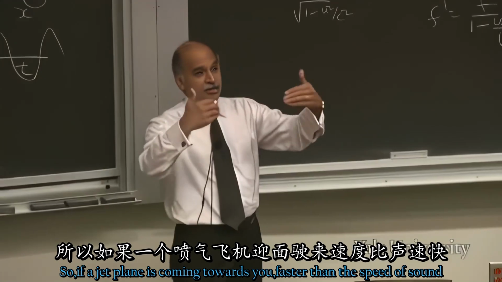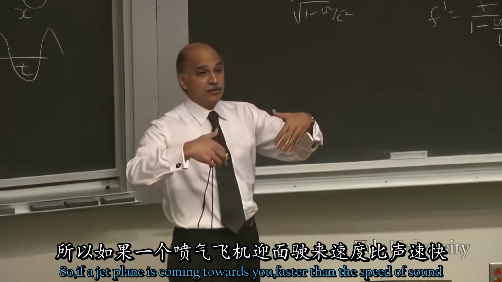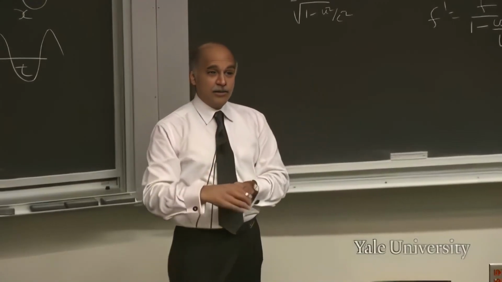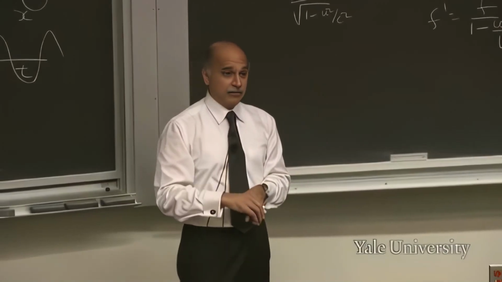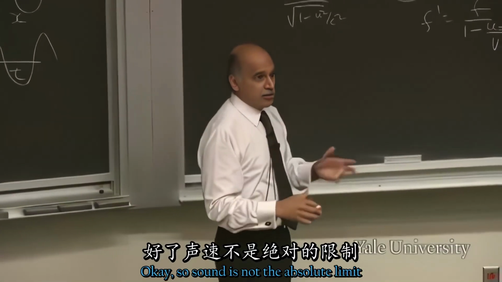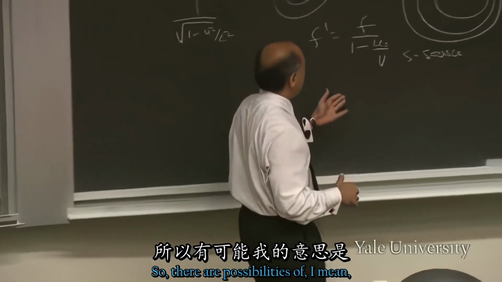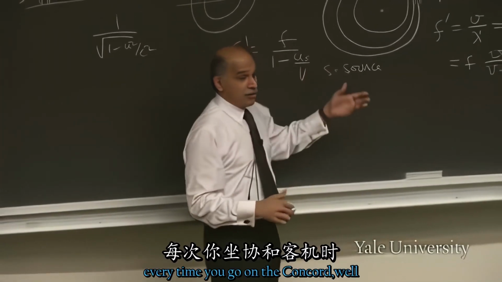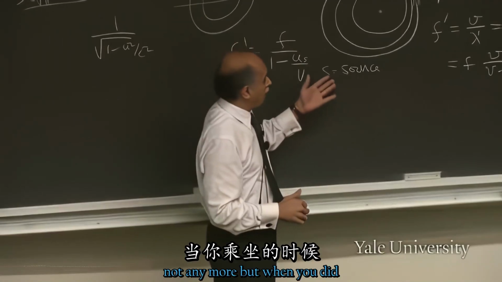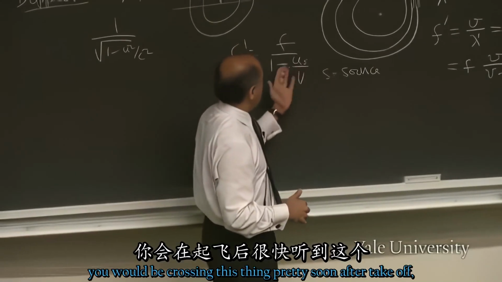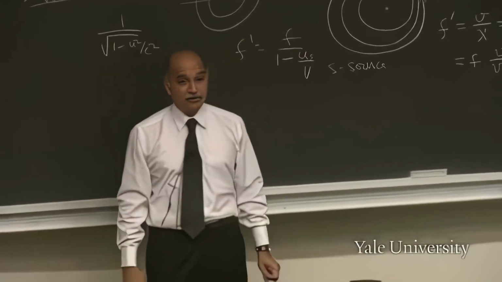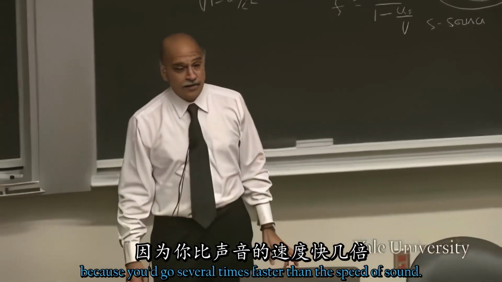So if a jet plane is coming towards you faster than the speed of sound, you won't have time to get out of the way, because it'll hit you before the sound waves hit you. So sound is not the absolute limit. Every time you went in the Concorde, well, not anymore, but when you did, you would be crossing this pretty soon after takeoff, because you go several times faster than the speed of sound.